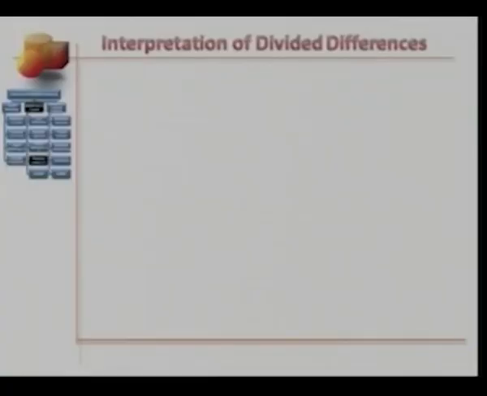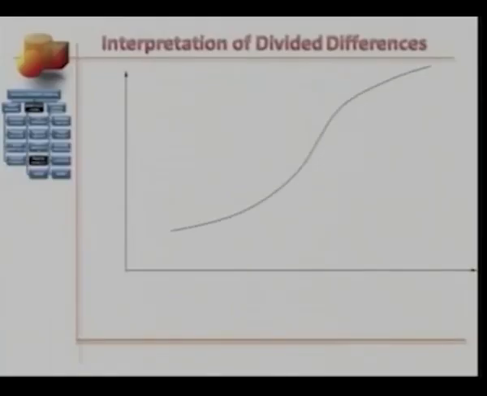So far so good with regard to the mathematics behind the divided differences. But physically, what would the divided differences mean? Consider a general polynomial curve. Let's say this is xs and this is y of xs, which is ys.